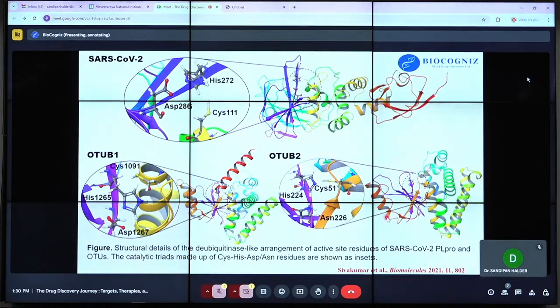So here the side effects come in this way. In the previous case, the side effects came from a similar protein within the human. In this case, we are targeting the external antigen, the foreign viral protein.